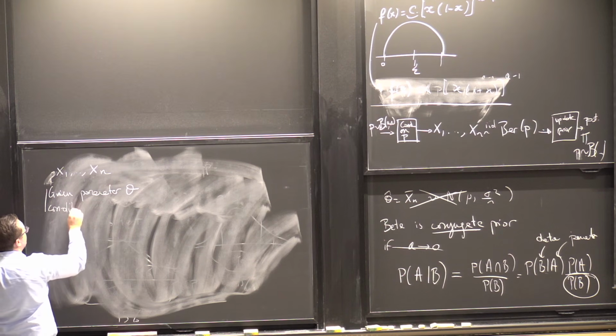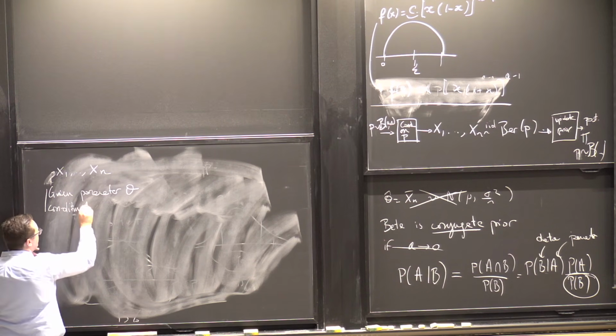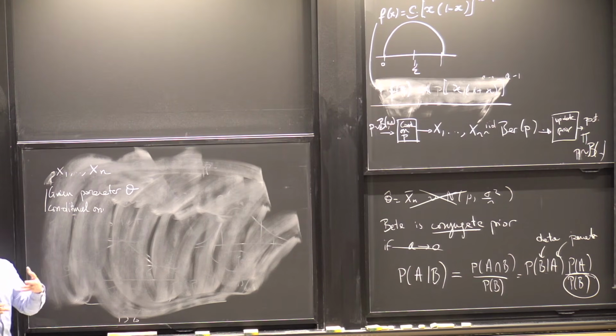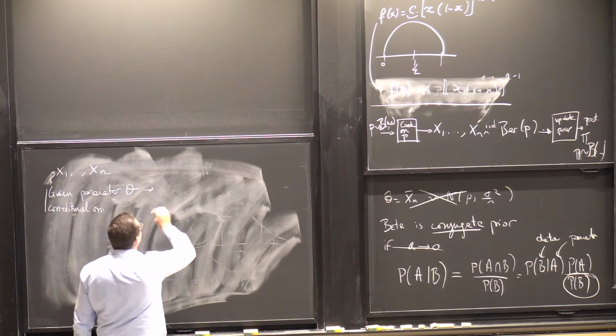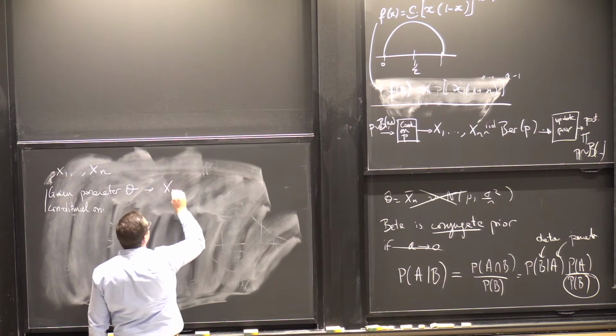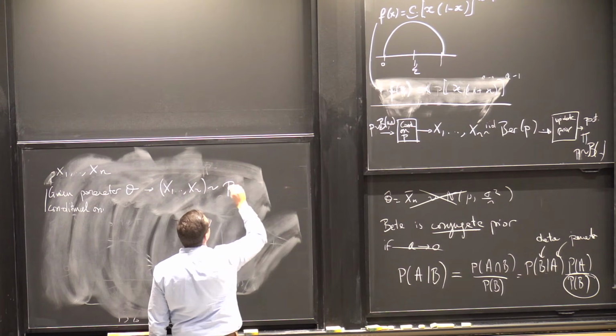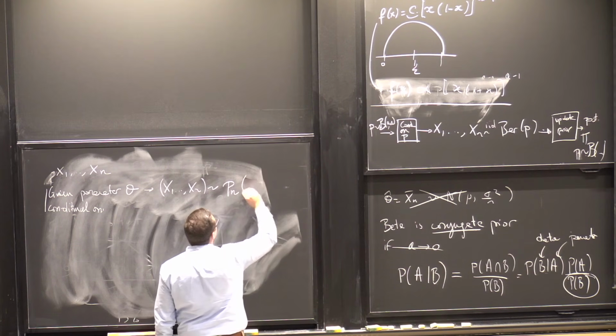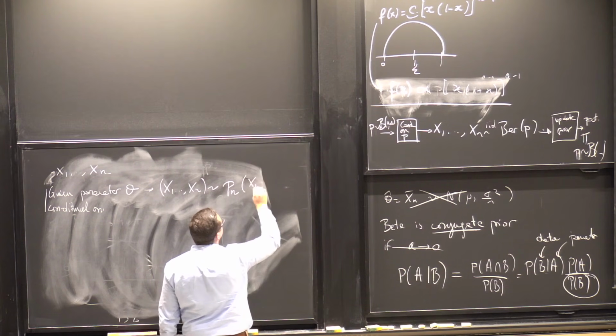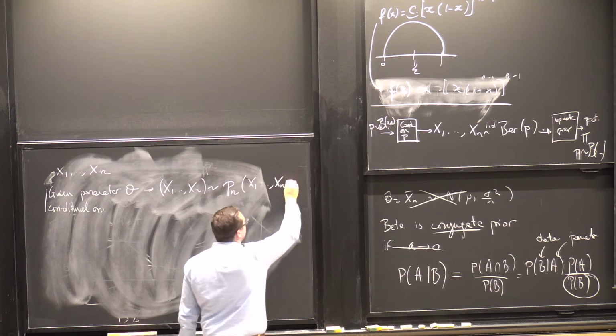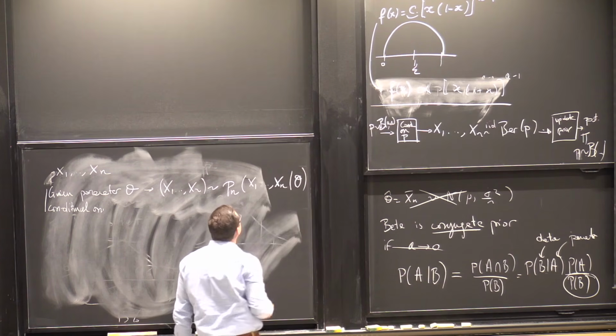If you're thinking like a Bayesian, what I really mean is conditionally on this random parameter, as if it was a fixed number. Then x1, ..., xn is going to have some distribution. Let's assume for now it's a PDF Pn of x1, ..., xn, and I'm going to write theta like this.